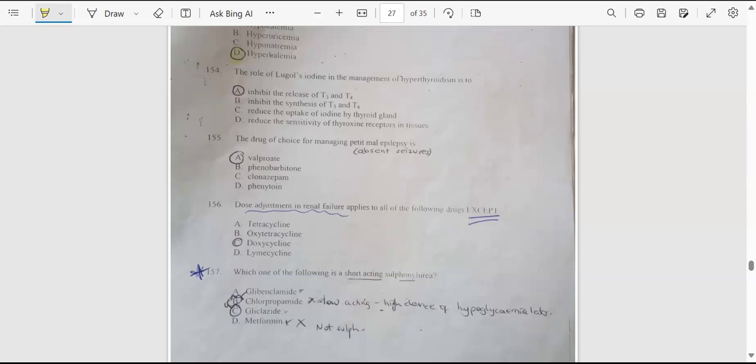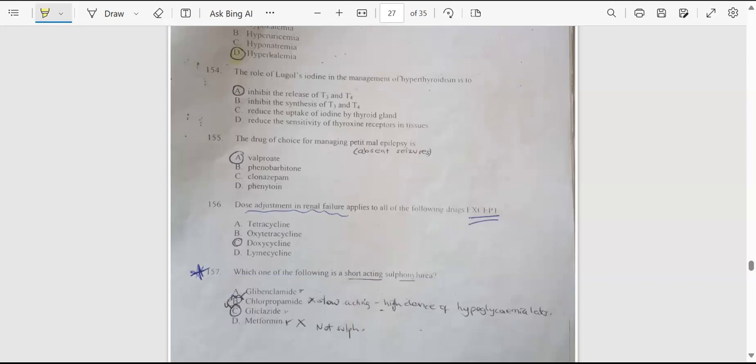Something also interesting is that Lugol's iodine is usually used pre-surgery, when you want to operate on the thyroid in hyperthyroidism, because the drug reduces the vascularity and the size of a hyperplastic thyroid gland.